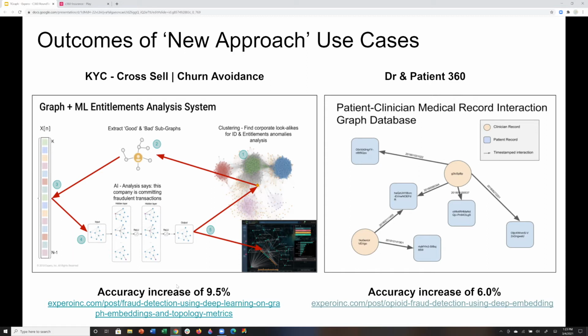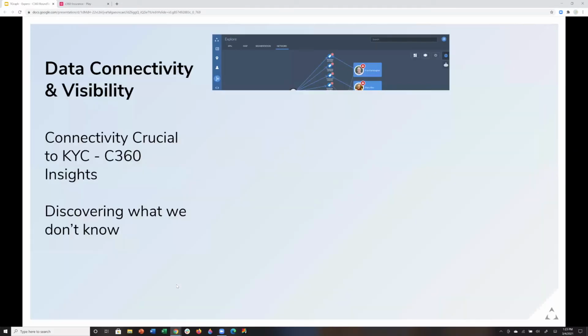And Graham and Victor will talk more about that. In the patient and doctor world, how do we find where satisfaction and or bad care may be happening? How do we increase doctor use of better treatment plans, et cetera, doctor and patient 360, if you will, an increase of 6%. These are, again, very, very large movements in the needle, if you will, and it's through this combination or recipe that we talk about.